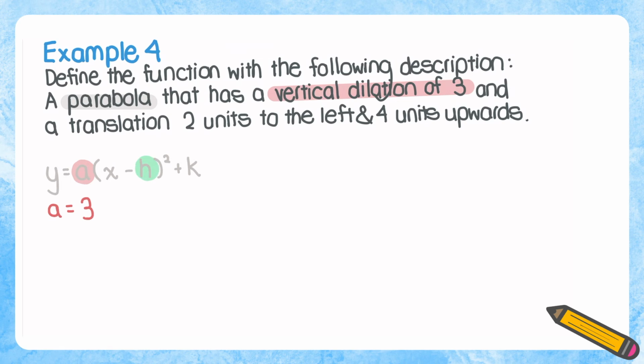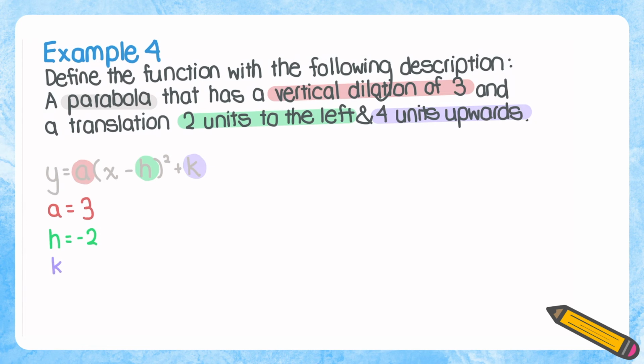And then what about h? So that's the horizontal translation. So notice here 2 units to the left. Left, so negative. So h equals -2. And then for k, is there anything telling us about the vertical translation? Yes, 4 units upwards.